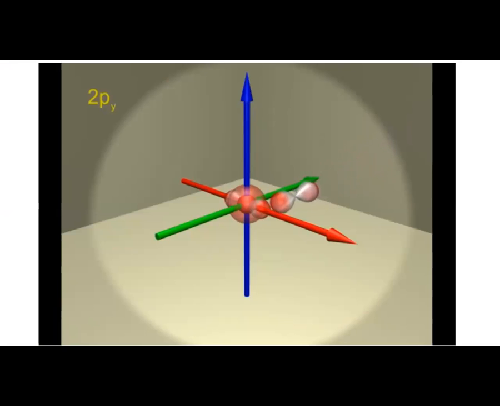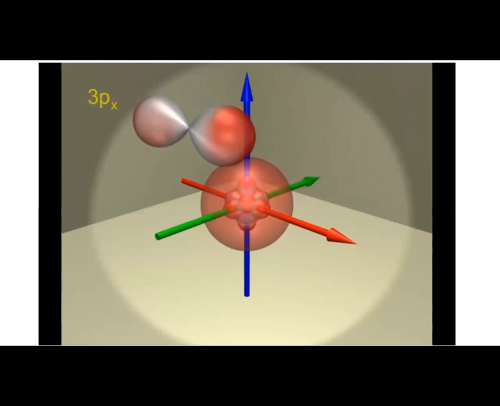We can see in this model it coming in, and then we're going to get the z-axis, and they all overlap. So now we have 1s, which is 2 electrons, 2s, which is 2 electrons, and 2p, which is 6. Now we're at 3s. It is a bigger sphere, and it's overlapping that entire gobstopper in the middle.